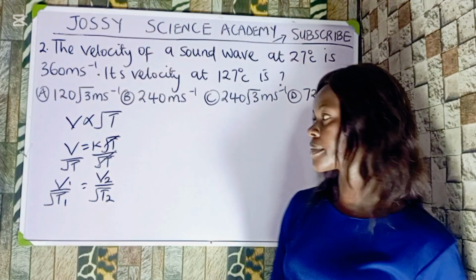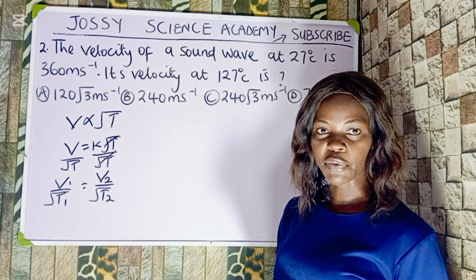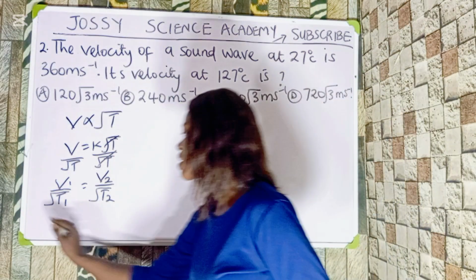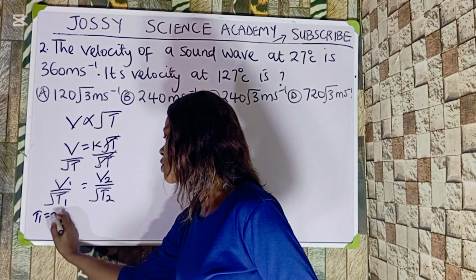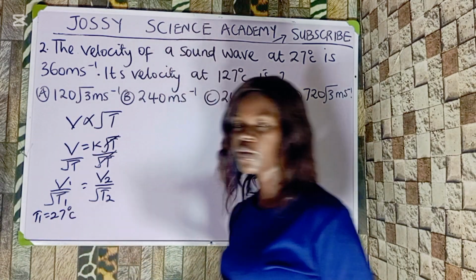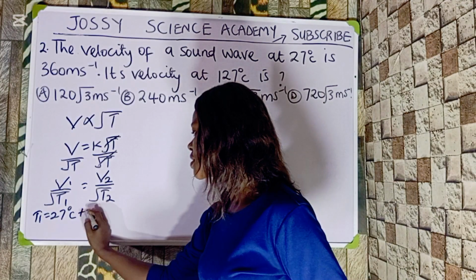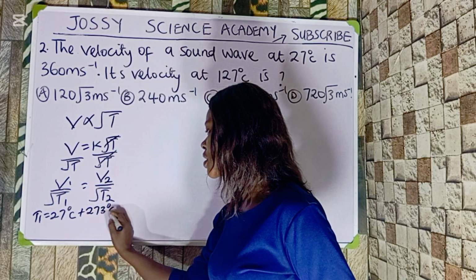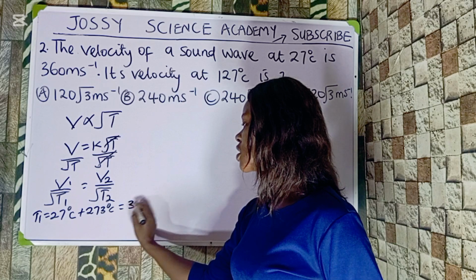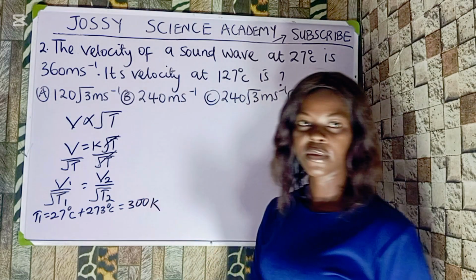Is that clear? From the question, the first temperature is given as 27 degrees Celsius. That is, T1 is equal to 27 degrees Celsius. Now let's convert it to Kelvin by adding 273. That is going to give me 300 Kelvin, right?